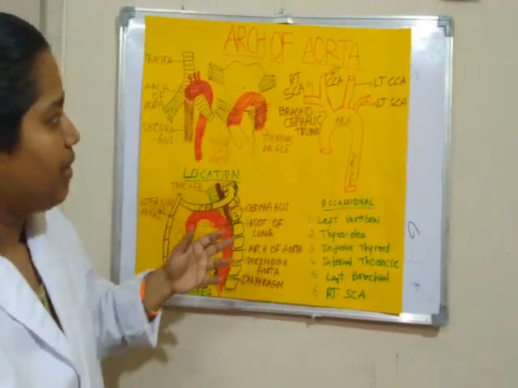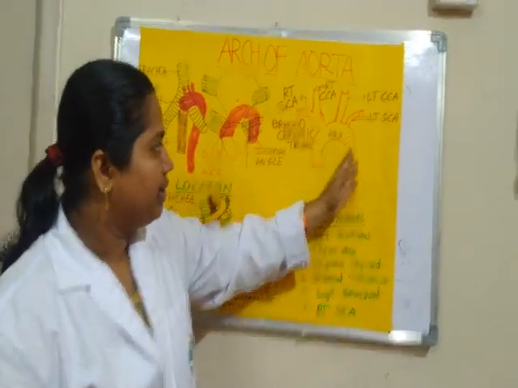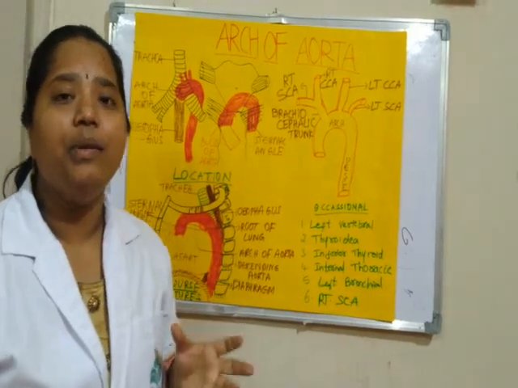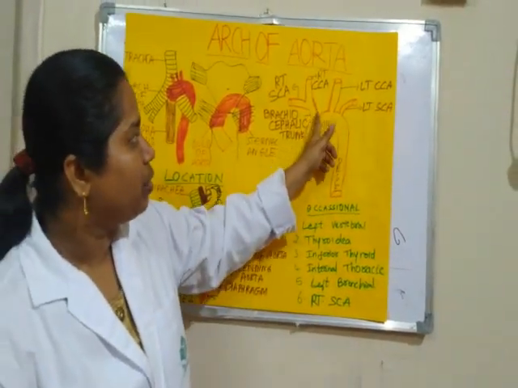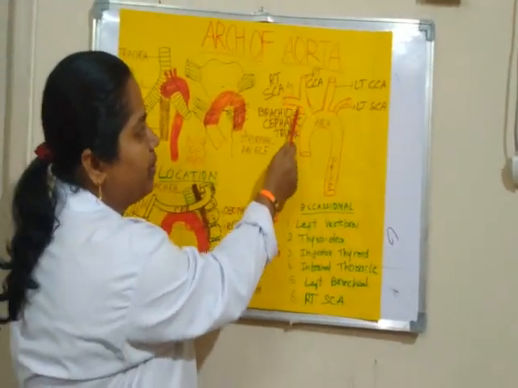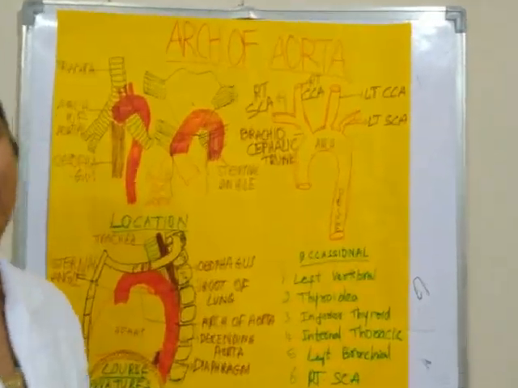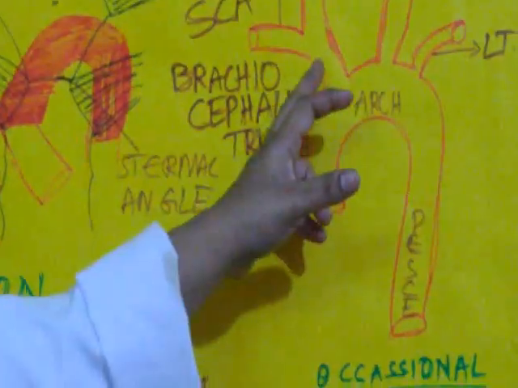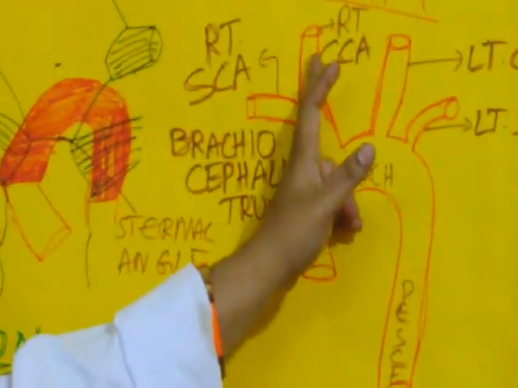Next we will have the branches. You can see here branches of arch of aorta. The first branch, which we see on the right side, is brachiocephalic trunk. Brachio means arm, cephalic means head. So this blood vessel supplies the right arm as well as head and neck region.